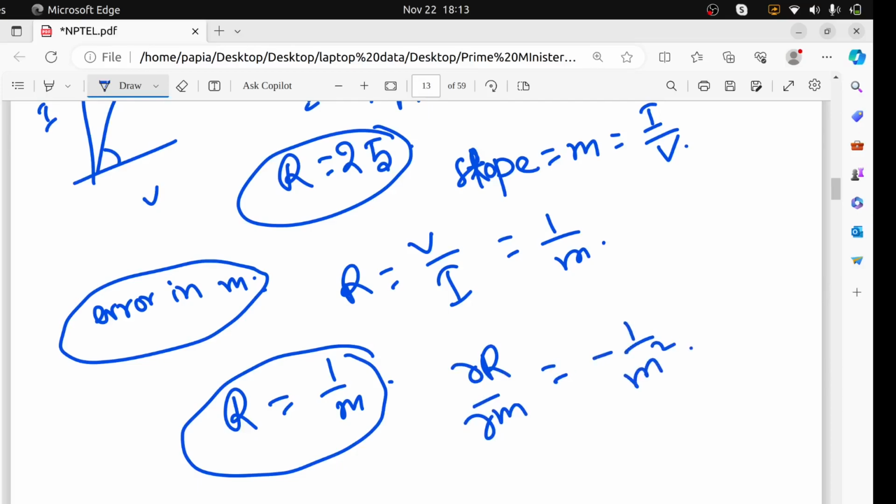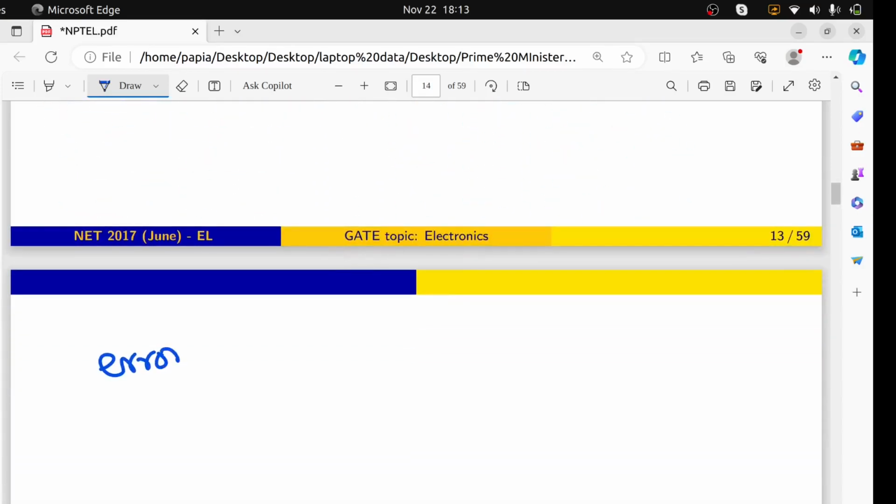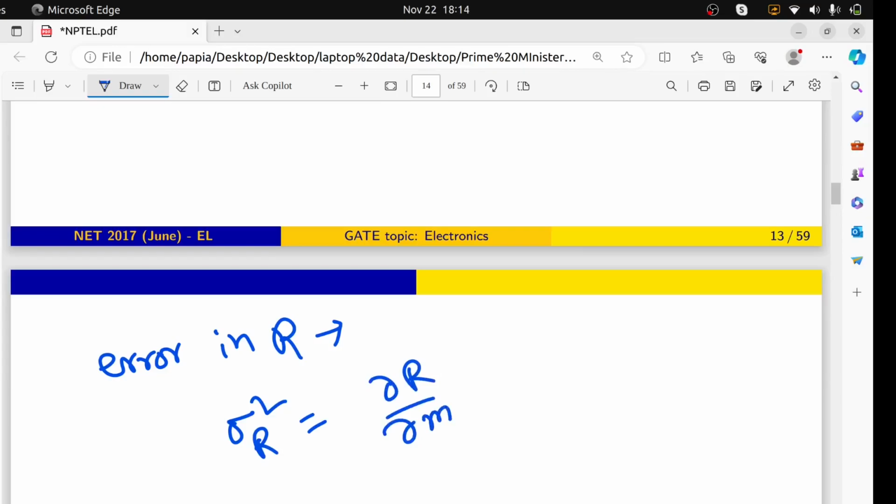Minus 1 by M square. Now, we have to calculate the error in R. So what will be the expression for that? The expression will be sigma R square equals del R by del M whole square into sigma M square, right?